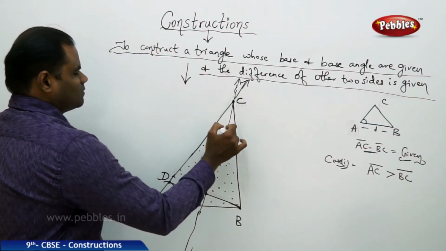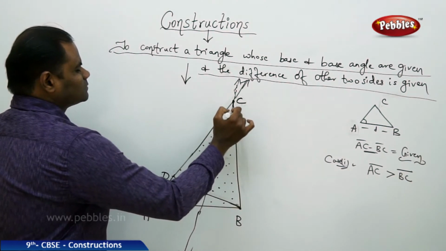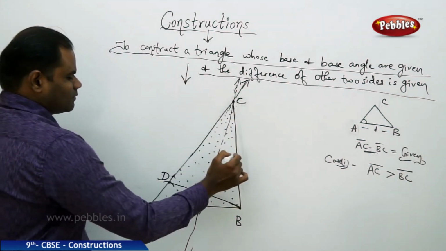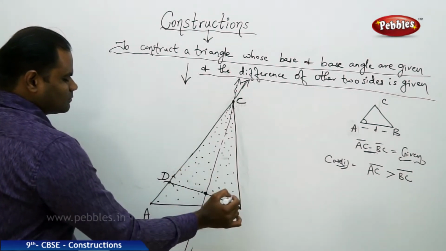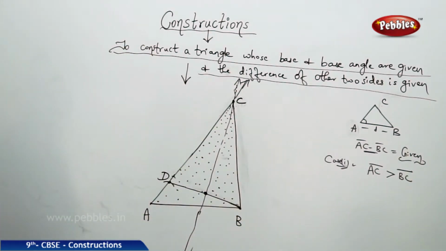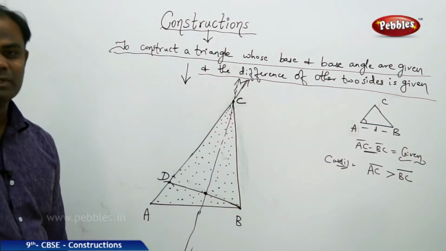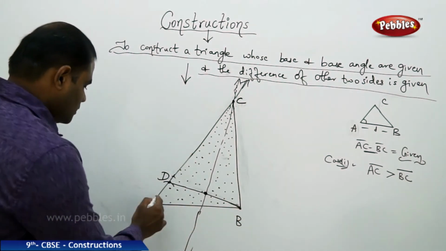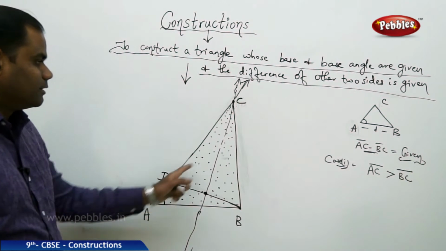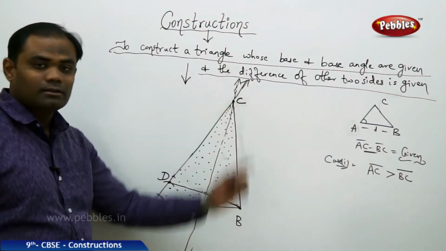This is how we get the straight line. The dotted line represents the triangle ABC, which is obtained where the base angle and the difference of two sides are given. We can construct a triangle ABC.